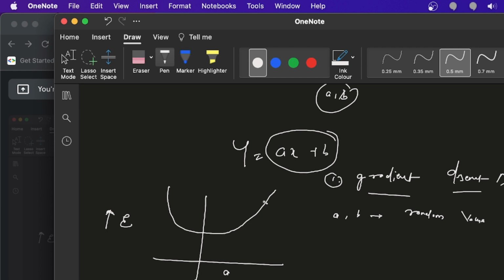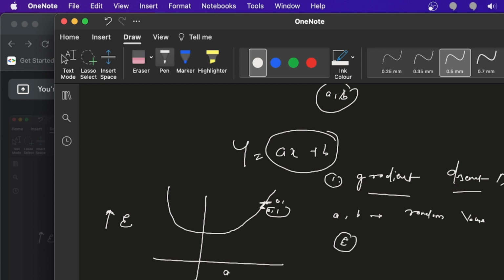Okay, suppose you are choosing random values of A and B here. Suppose only A, ignoring B, and after that they will calculate the E, and again it will change the value of A and B with some value.